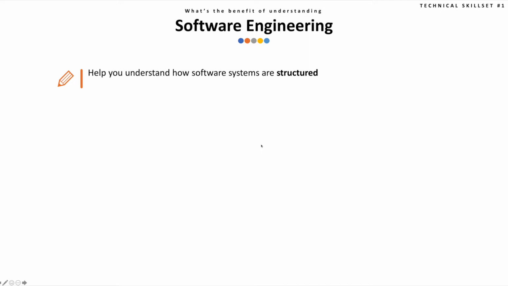It helps you understand how software systems are structured, right? So when you're working on a technical SaaS project, how the front end is structured, how the back end is structured. And this way, when you're in a customer-facing role talking to customers, both business and technical stakeholders, you understand how to navigate and pitch your product accordingly.